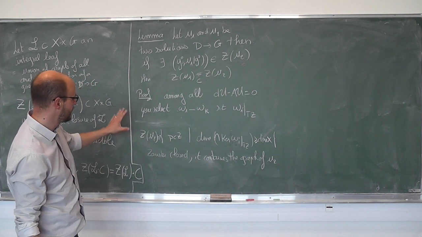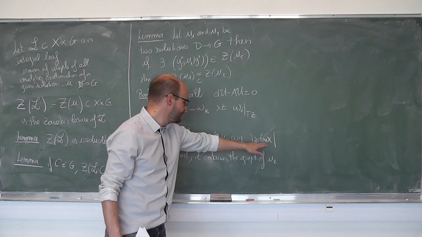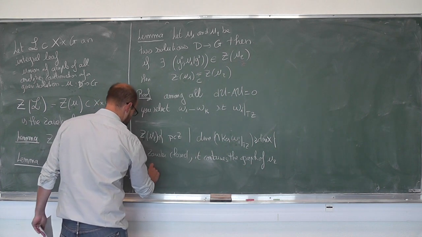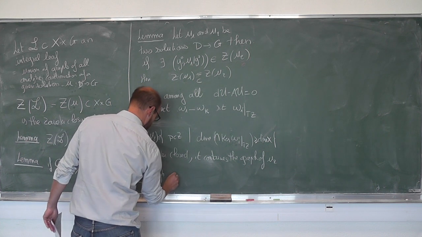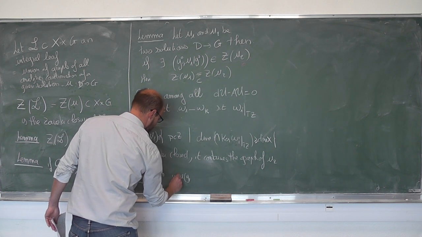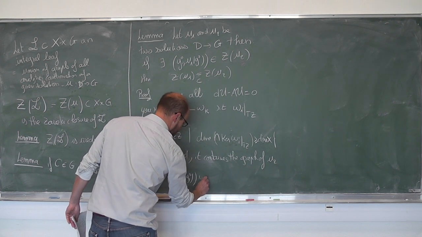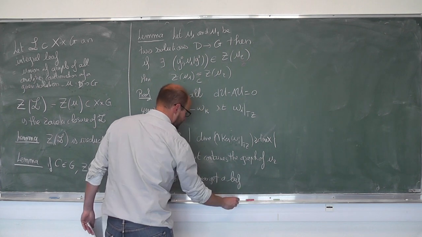Now you have a point here, and you have this condition there. So through Y0, U of Y0, you get a leaf by Frobenius.